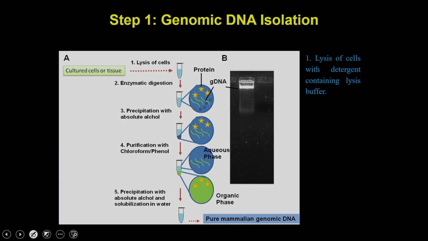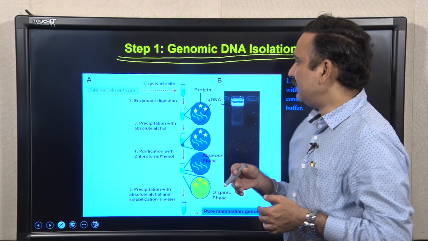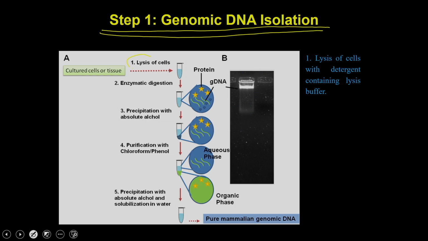In step 1 you have to do the genomic DNA isolation. When you want to isolate genomic DNA, either from cells or from tissue, the first step is to lyse the cells.